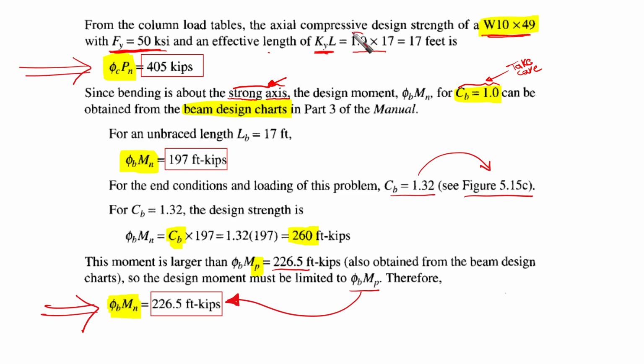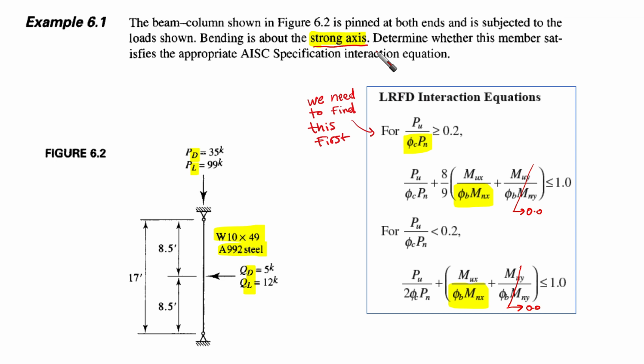As I said, K here is 1 because both ends are pinned, so we have 1 here. L is 17 already. It is 17 feet as we mentioned before.